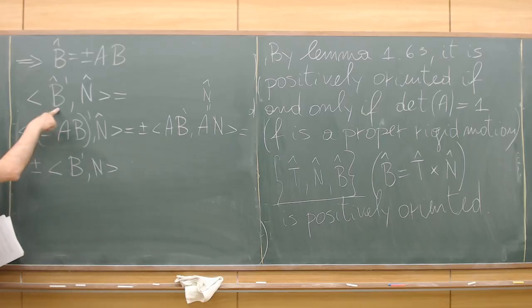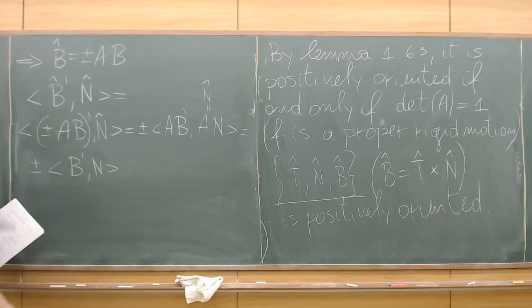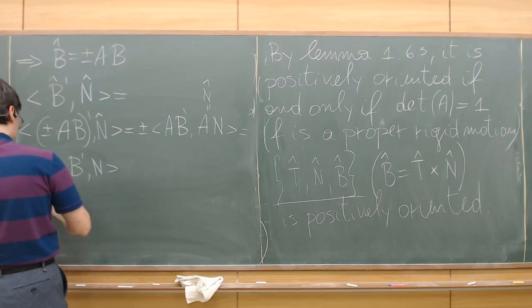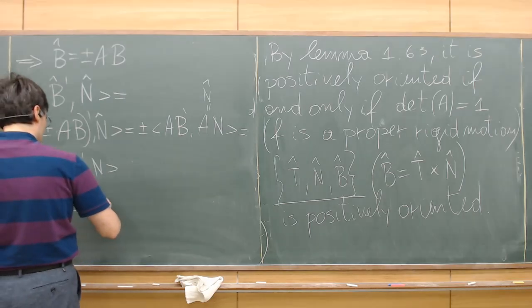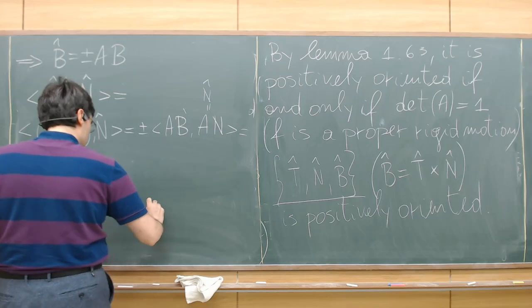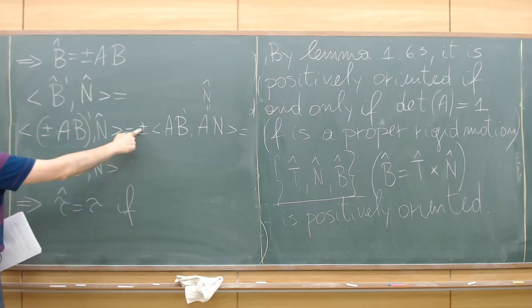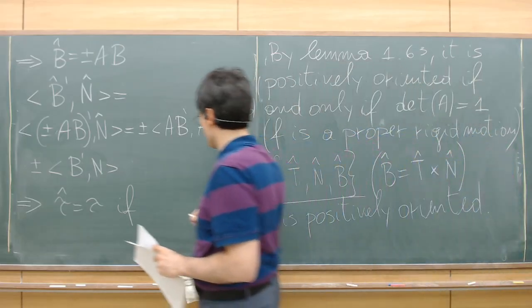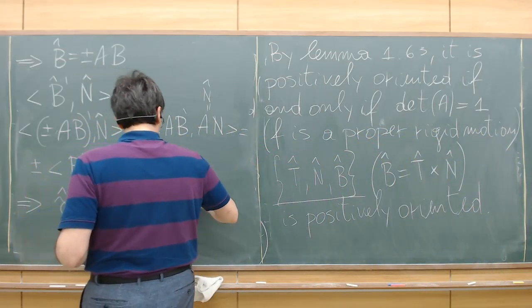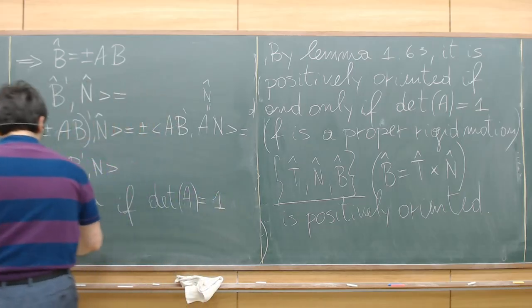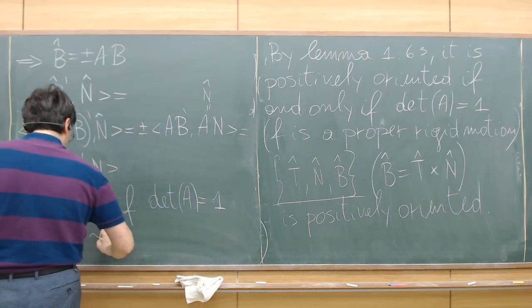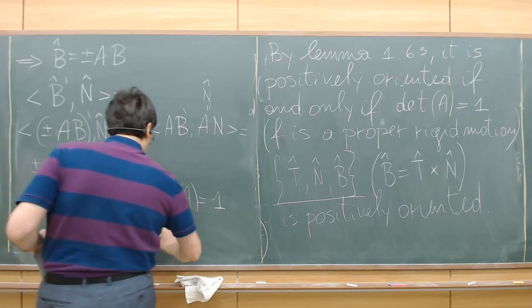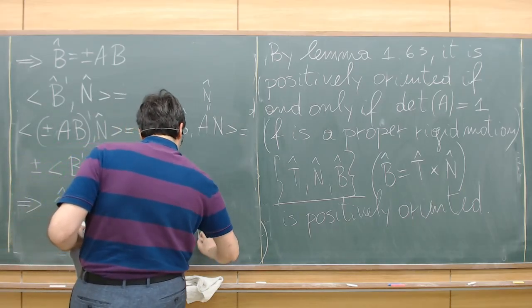This is exactly the numerator of that formula up to a sign. So this implies that tau hat coincides with tau if the sign here is plus, which means the determinant of A equals 1, and tau hat equals minus tau if the determinant of A equals negative 1.